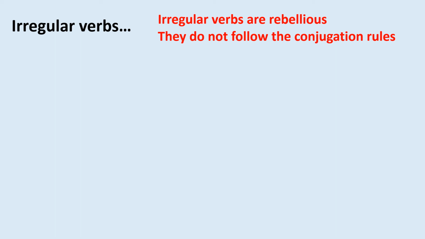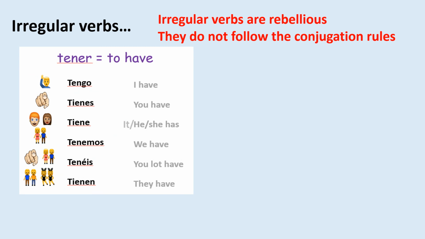However, not all the verbs in Spanish are regular verbs. Some of them are irregular verbs. Irregular verbs are rebellious because they do not follow the conjugation rules that we have just practiced in the slide before. So you are familiar with two irregular verbs. One of them is tener, to have.